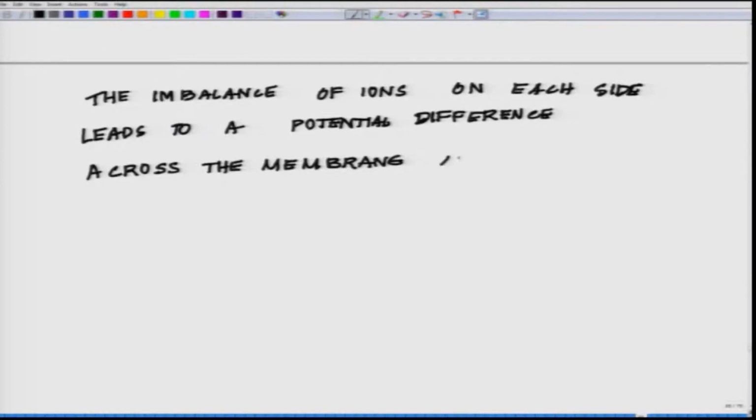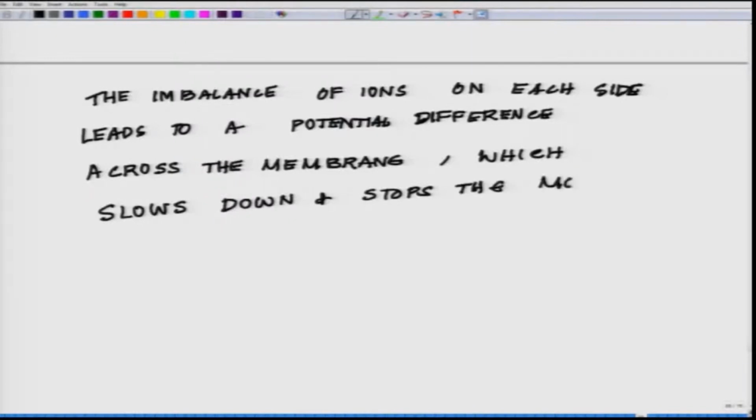Okay, which slows down and stops movement of ions.